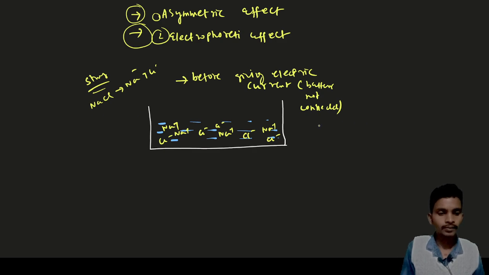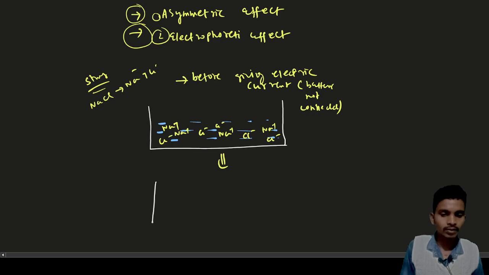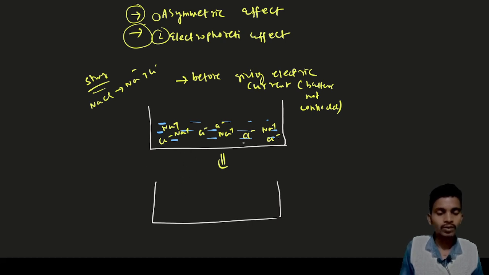Now, I can draw this picture-wise like this, but let's say I draw Na plus as a positive charge and Cl minus as a negative charge. Positive and negative charges always attract. So if a positive charge is here, then around it there must be negative charges, because of the attraction.